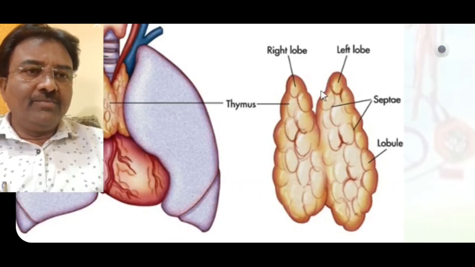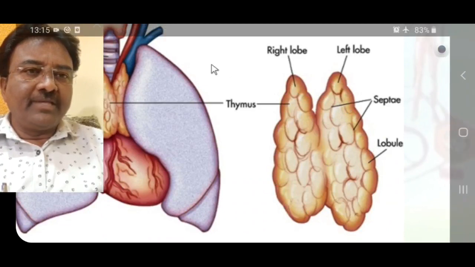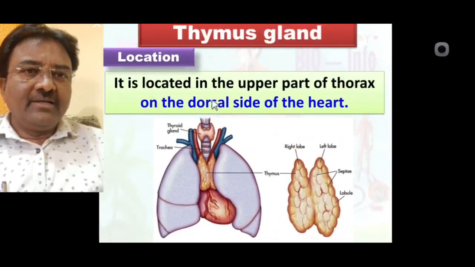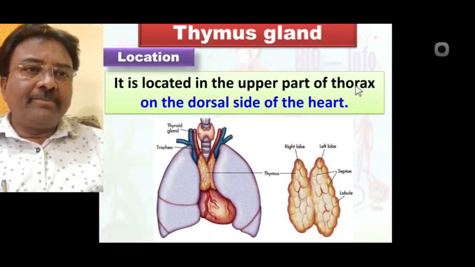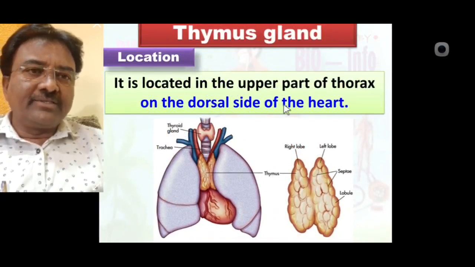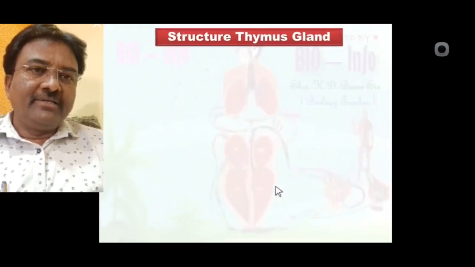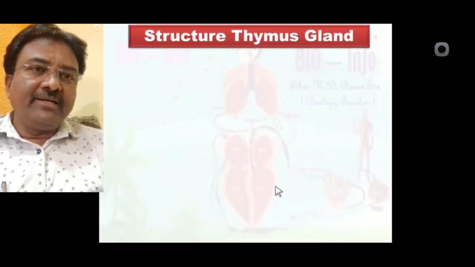This is the right lobe of the thymus gland, and this one is the left lobe. The thymus gland is located in the upper part of the thorax on the dorsal side of the heart. Now we learn the structure of the thymus gland.